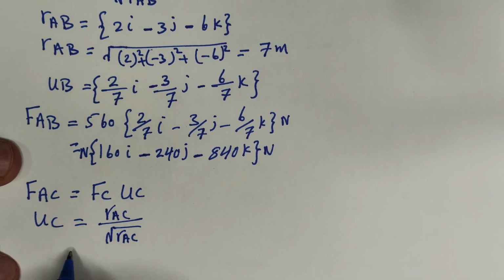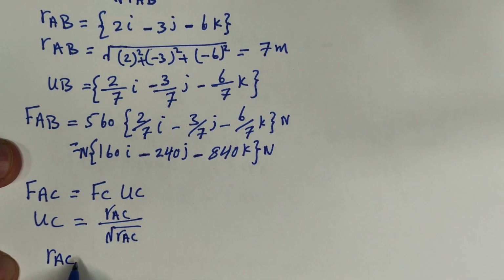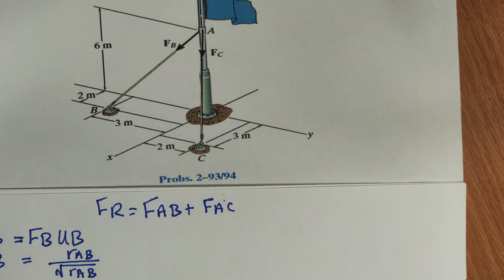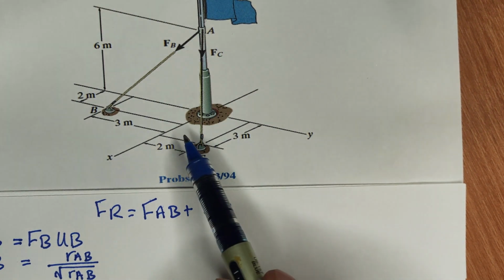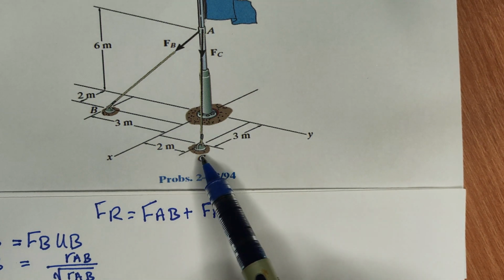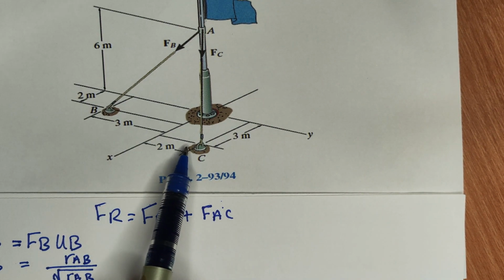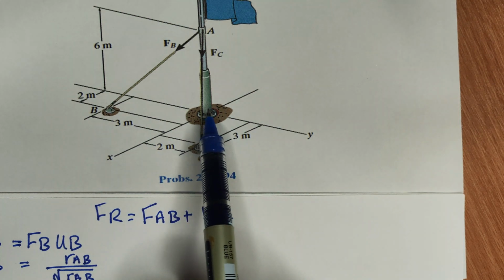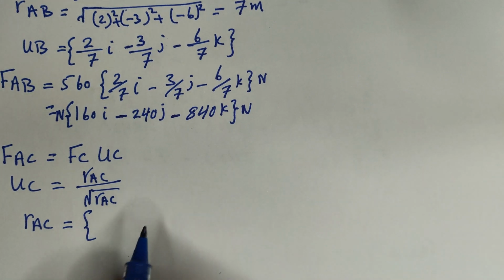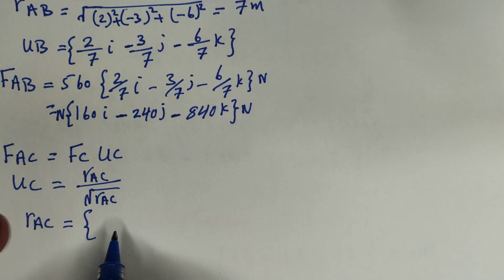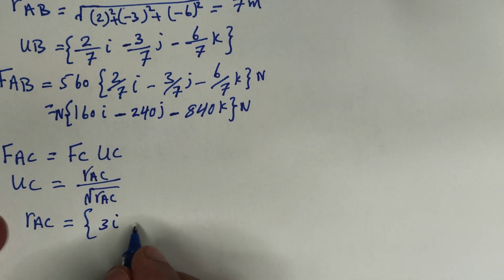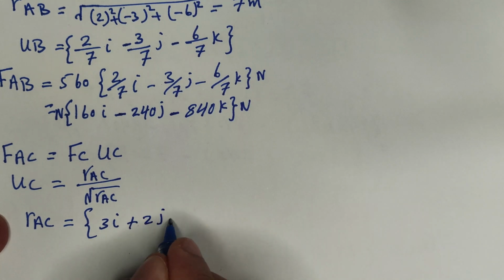For finding the position vector RAC, when we go back to the question and look at the positions, we can see 3 meters on the positive x-axis, 2 meters on the positive y-axis, and again 6 meters on the negative z-axis. So we are just going to write this down for RAC, which is 3i plus 2j minus 6k.